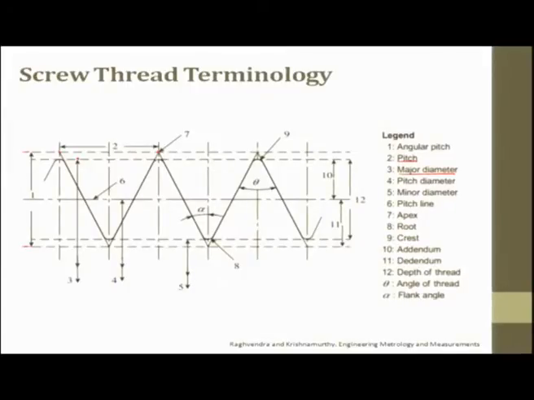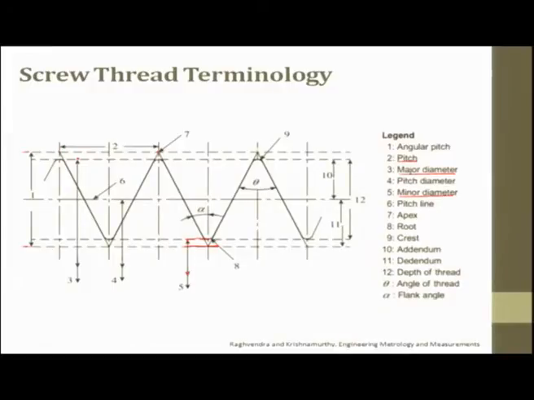Next one is going to be minor diameter. Minor diameter goes from this point to the outside, so from here it goes to here. This will be the minor diameter.